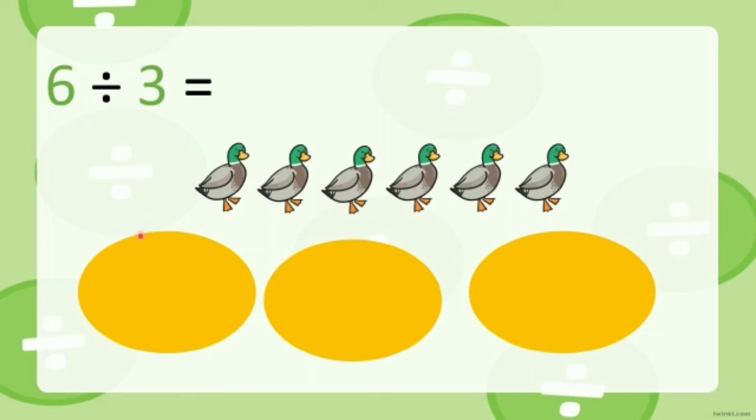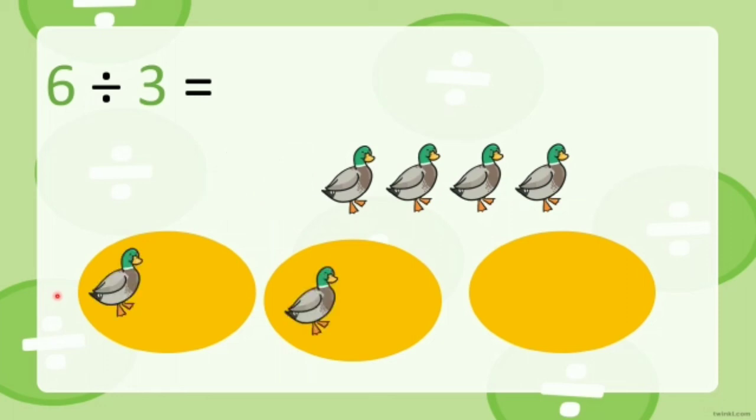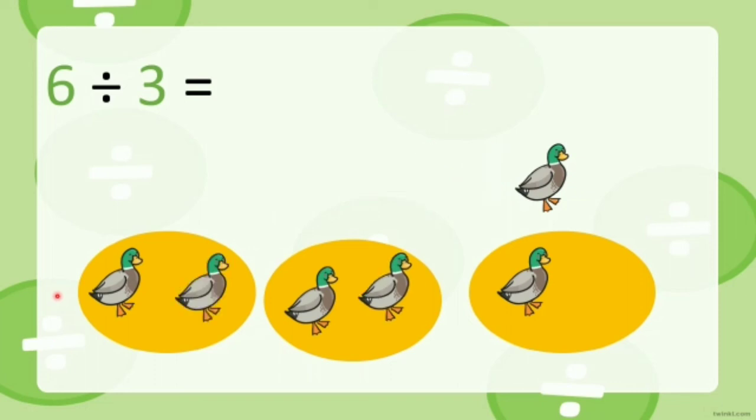We have to divide them into 3 groups. Let's start dividing these ducks equally into 3 groups. First we put 1 duck in each group. Now all the groups are filled with 1 duck. Let's start filling with the next duck. 1 each in all the groups.